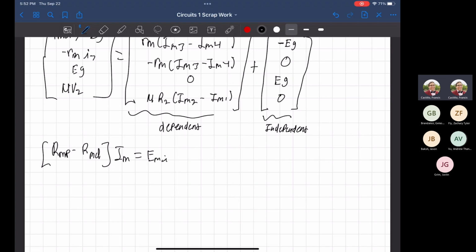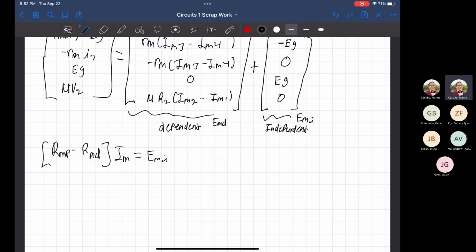So EMI is just our mesh independent sources. EMD is our mesh dependent sources. And then RMD, mesh dependent. What is our resistor value for mesh dependent?